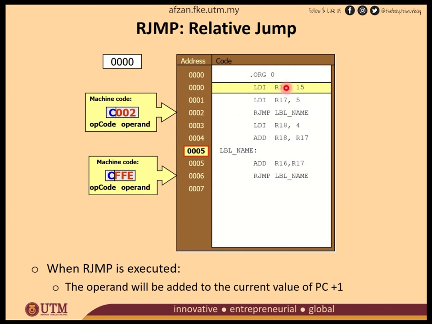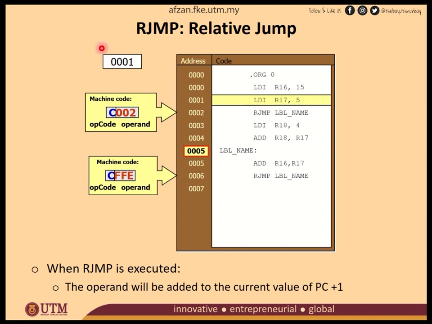Right, this is the same program, which is quite similar to the one we had earlier in the JMP section, but instead of using the JMP instruction, we use the RJMP. Since this program starts at origin 0, your program memory starts at 0 and so on.